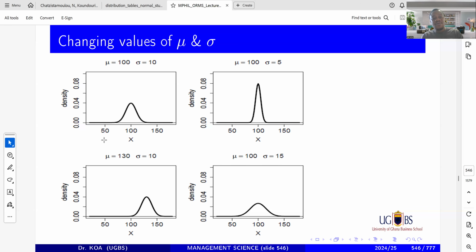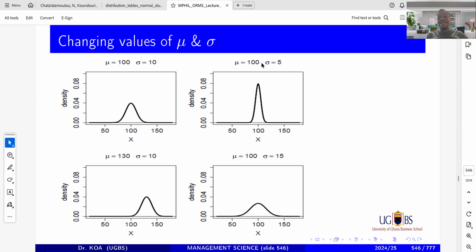So this is how, if the mean changes, what happens to the density? You can see that here the mean is 100, the standard deviation is 10. But then here, the mean remains the same at 100, but you reduce the standard deviation from 10 to 5. And the moment the standard deviation comes down, it is like squeezing the curve, and so the height goes up.